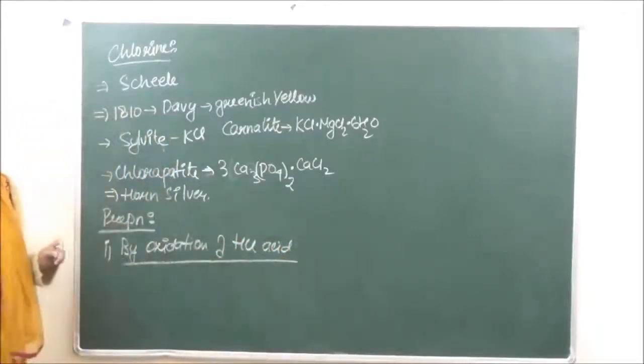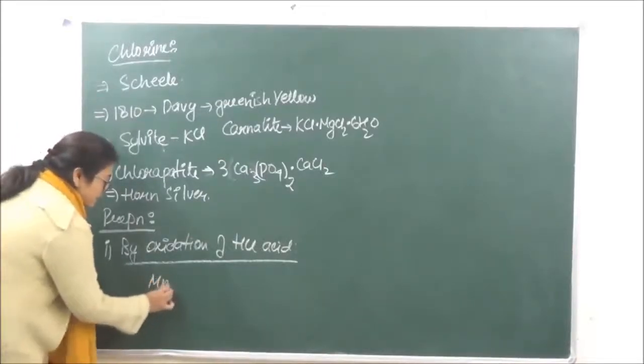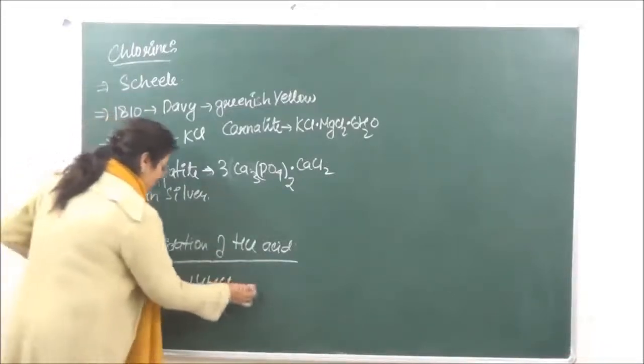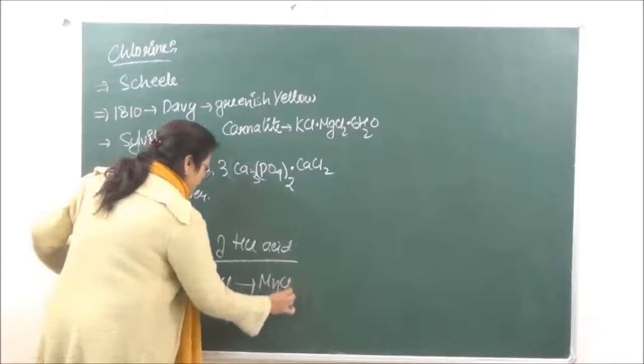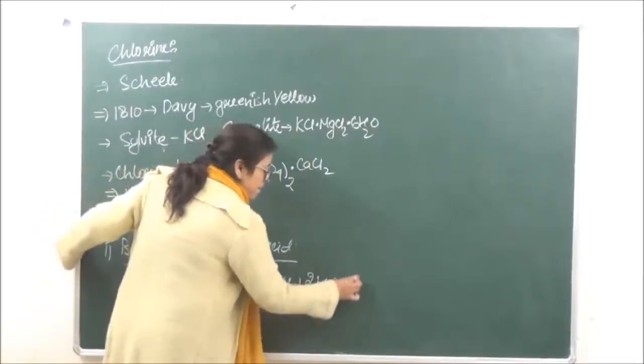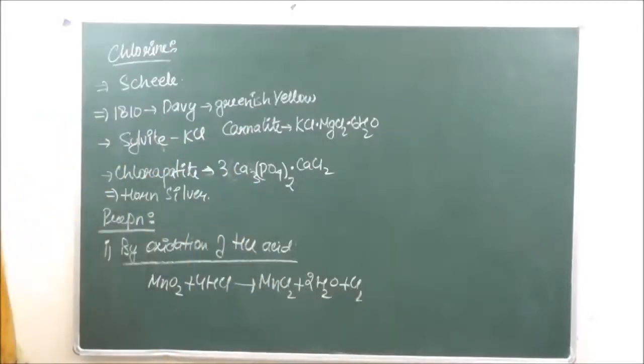The oxidation of hydrochloric acid may be done with manganese dioxide, to give us a greenish yellow gas, which is going to be chlorine.